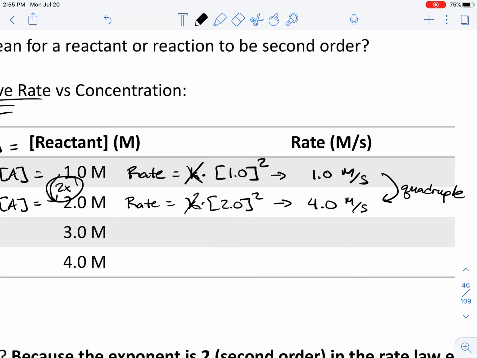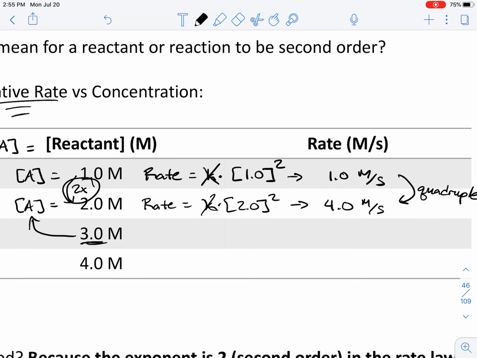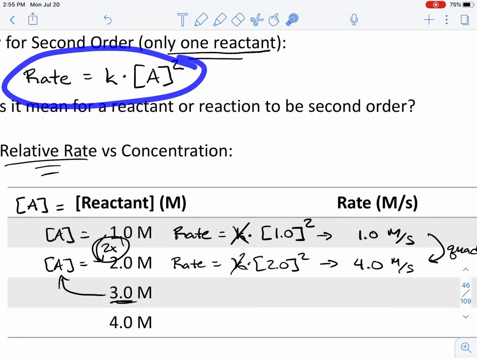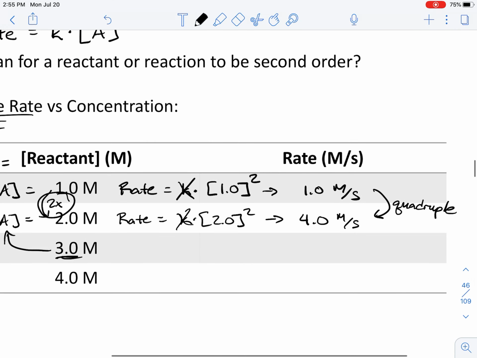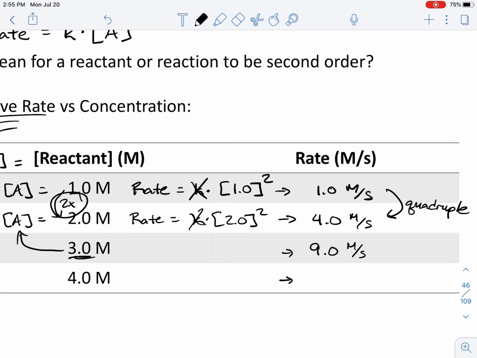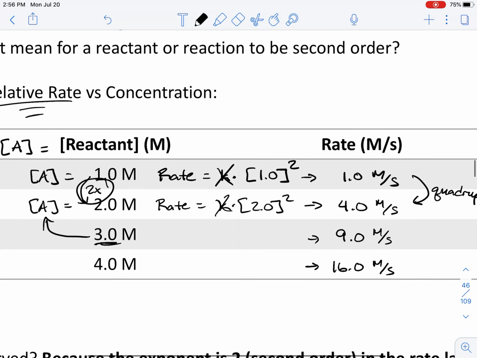And so here, if we were to plug in 3.0 molar where A is found in this general rate law, and if we exclude K, then the rate of reaction is going to be 9.0 molarity per second. And if we apply that same logic to a concentration of 4.0, this is going to be 16.0 molarity per second. And so what is this trend telling us? This is telling us that we have an exponential increase of the rate of reaction if we change the concentration of the reactant.